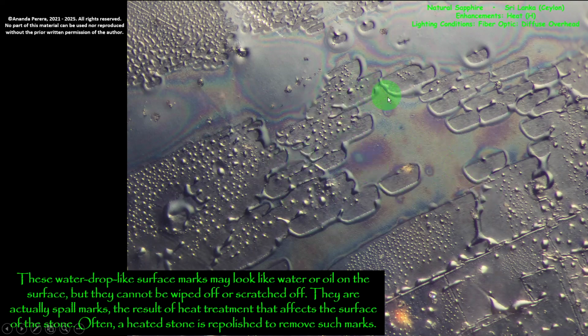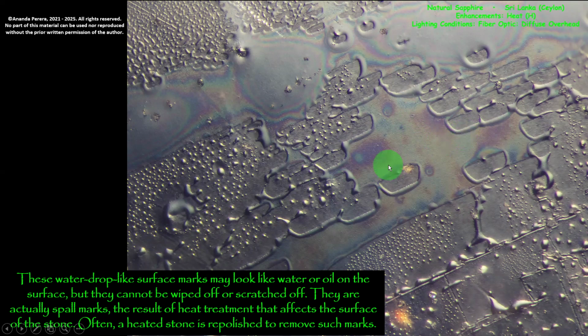It gives us evidence the surface also melted. These water-drop-like surface marks may look like water or oil on the surface, but they cannot be wiped off or scratched off. They are actually spall marks, the result of heat treatment that affects the surface of the stone.